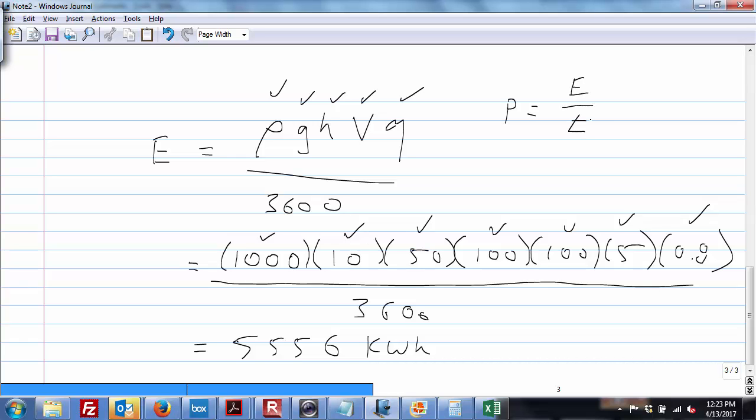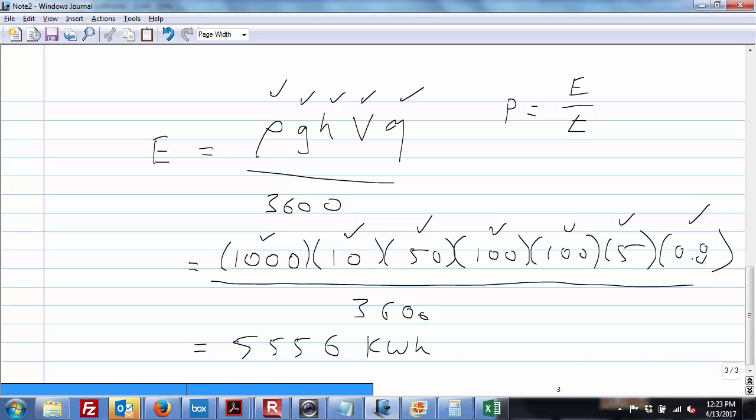And now if you want to get power, power equals energy over time. And we're only going to run it for 4 hours, but it wants the average power per day, so we're essentially burning 24 hours in 4 hours.